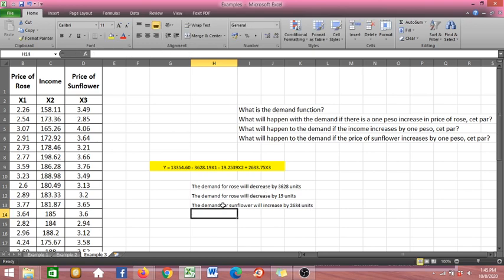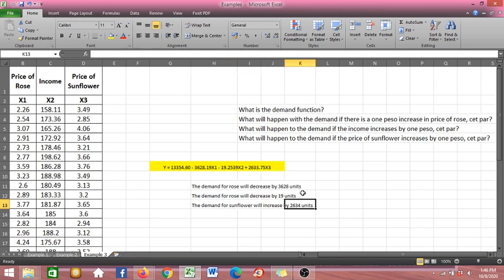So, the demand for rose will increase by 2,634 units. So, the increase comes from the plus sign, and then 2634 from the coefficient. We just round off to make it a whole number.